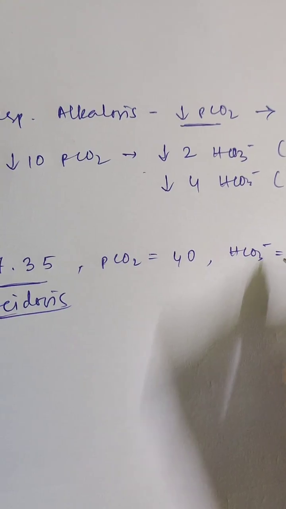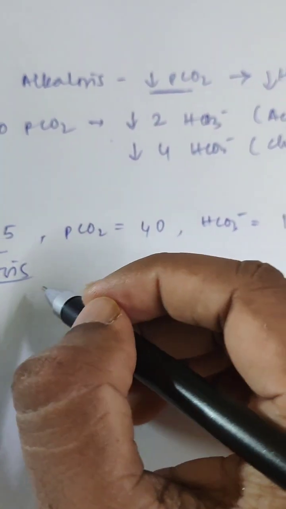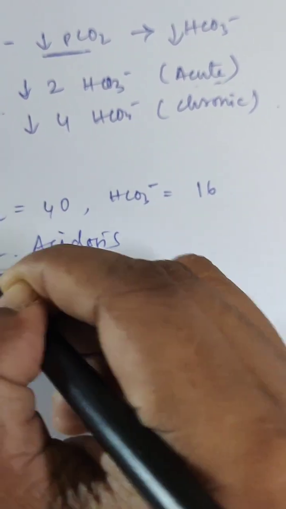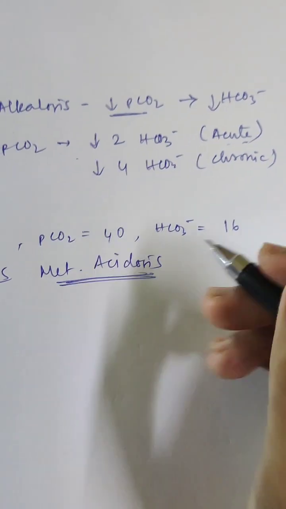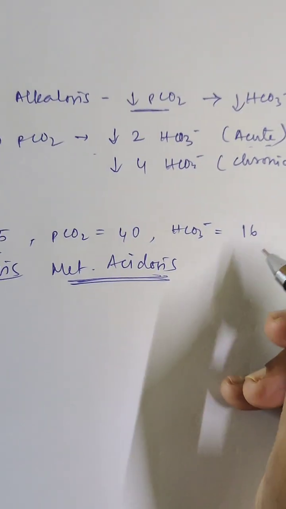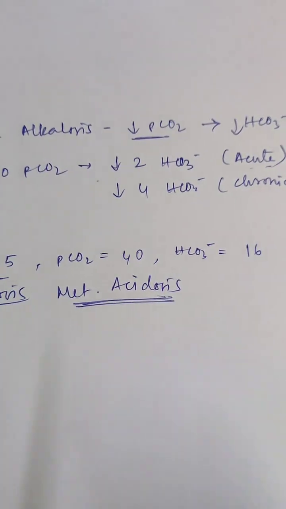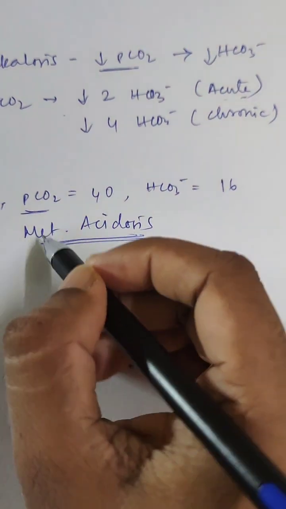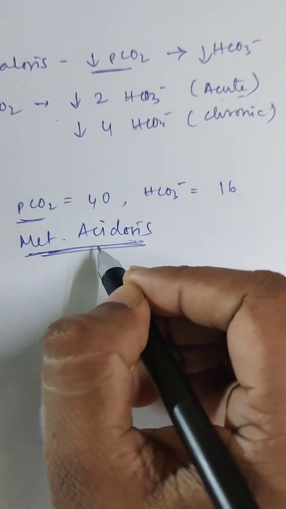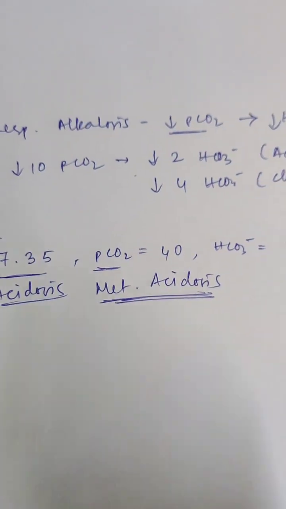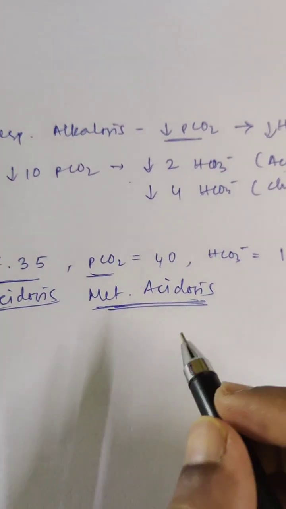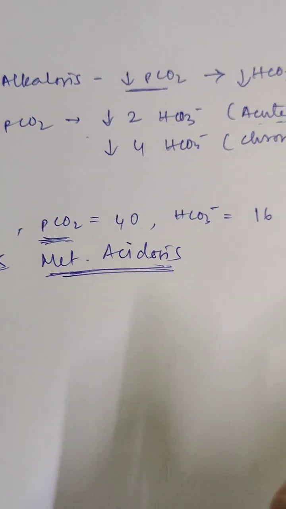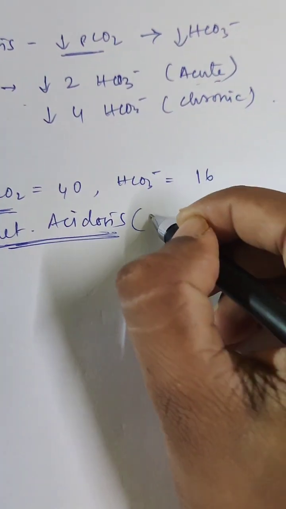That means it is a case of metabolic acidosis. Now whether it is compensated, partially compensated, or uncompensated: the compensation, if it happens, should come from the PCO2 part. As the primary problem is metabolic acidosis, the compensation will come from the opposite end, that is PCO2. As there is no change in PCO2, we can say it is an uncompensated metabolic acidosis.